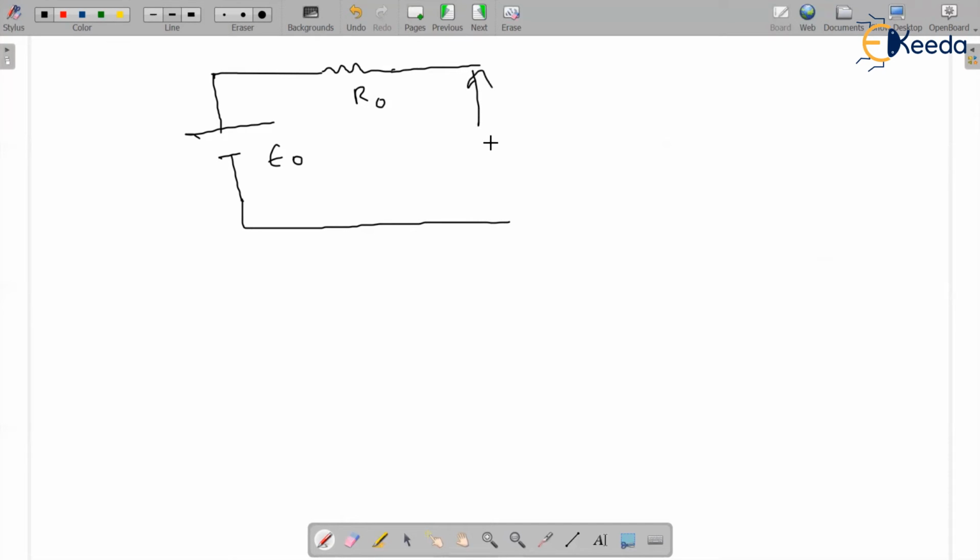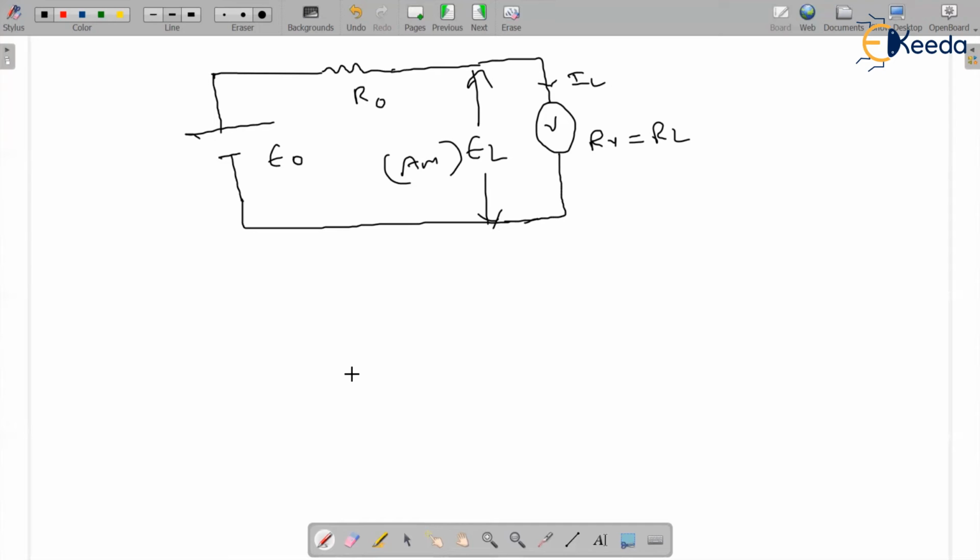After connecting the meter, this is the measured value. I'm going to connect one voltmeter with load current IL, RV equal to RL. This is the B case, after connecting the meter.